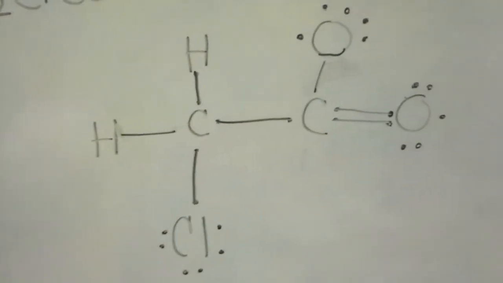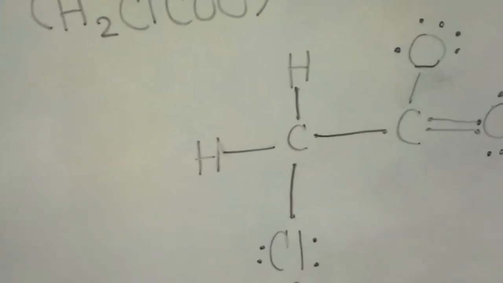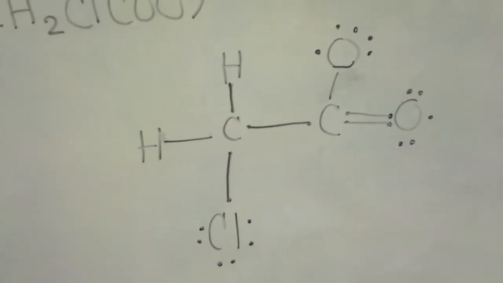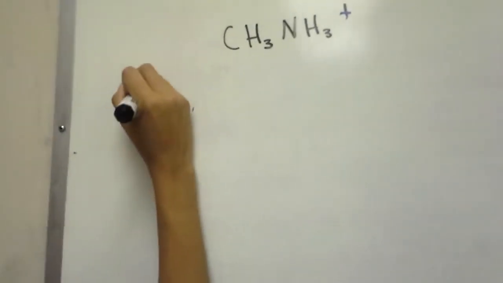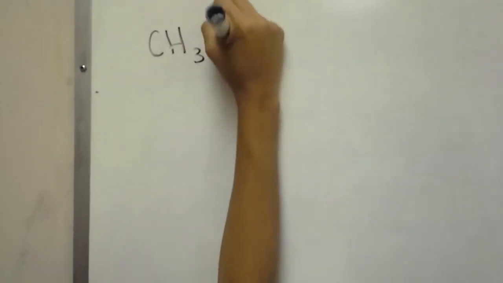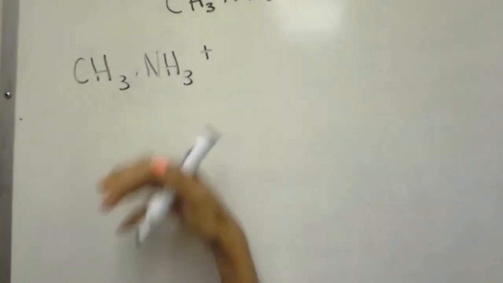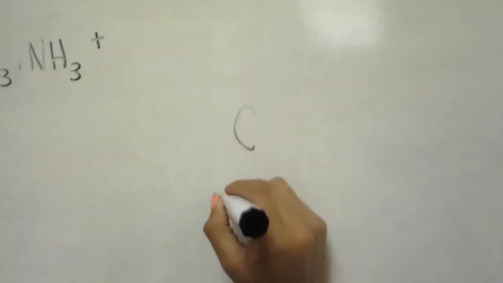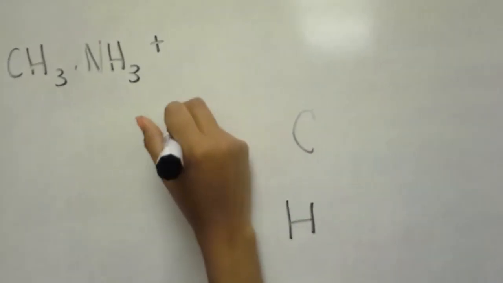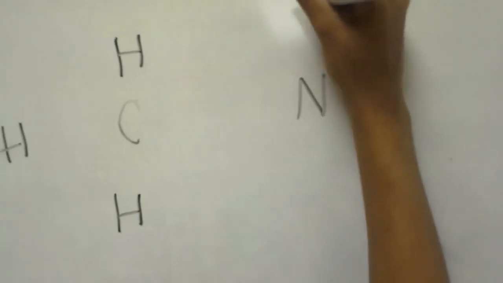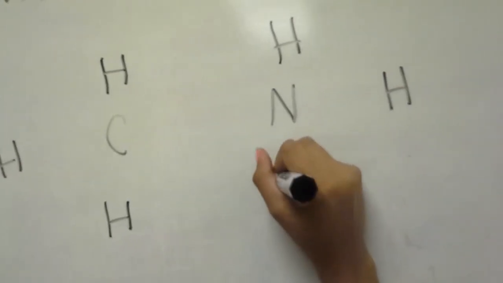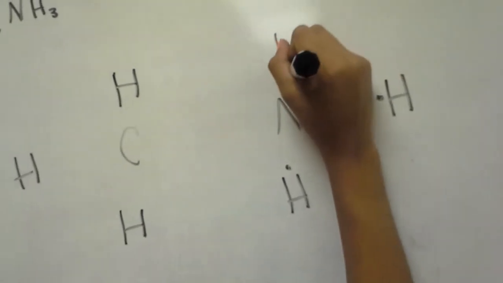For the last one, CH3NH3 plus. Same thing, you draw the symbols of your elements. 1 carbon, 3 hydrogens, 1 nitrogen, 3 hydrogens. 1 per hydrogen.